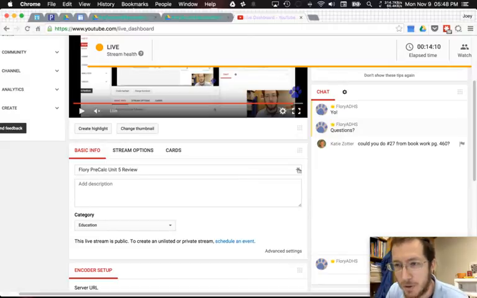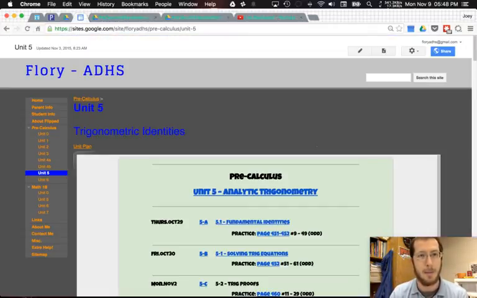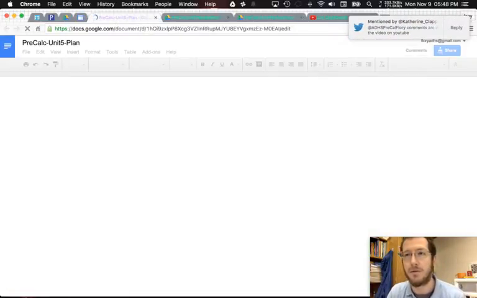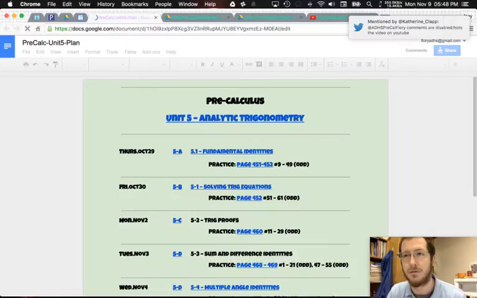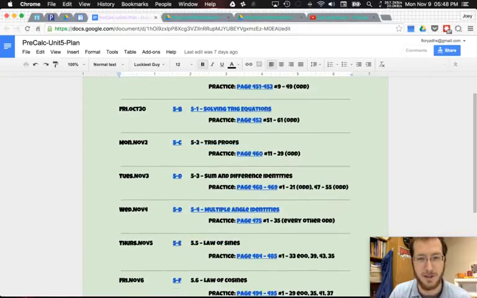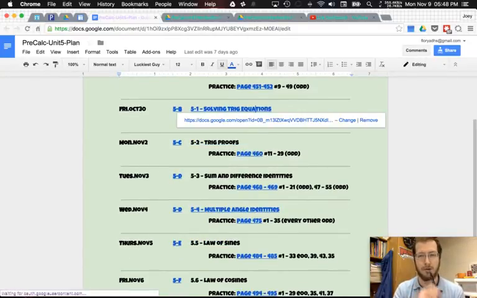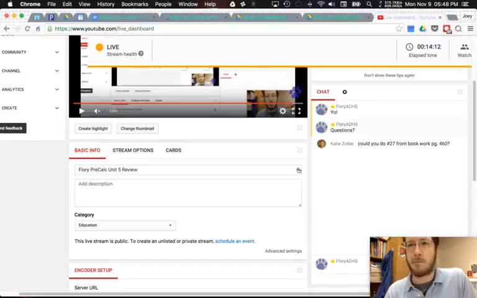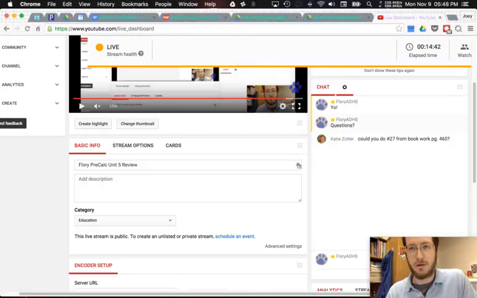27 from bookwork, page 460. We'll see if we can find that. 27, bookwork, page 460. Oh no. Gotcha. I don't know what to do with that. I don't know how this works. See if I can enable.